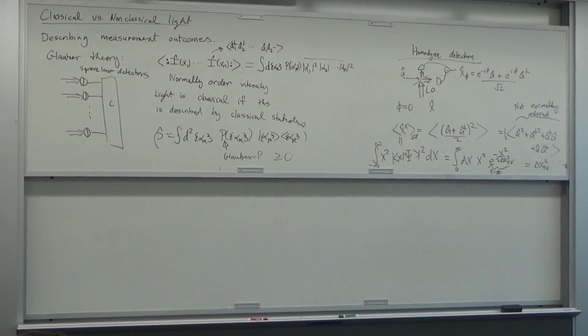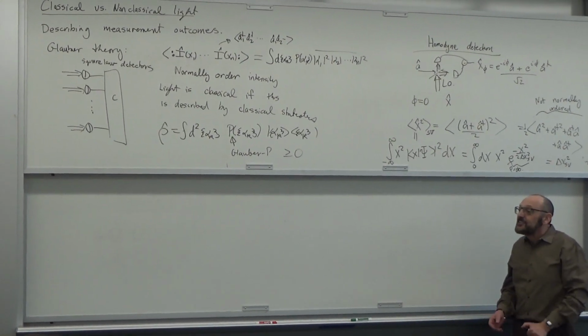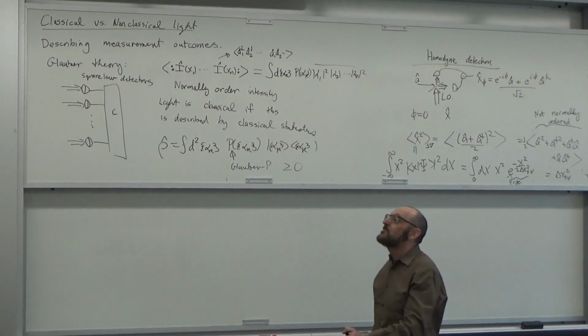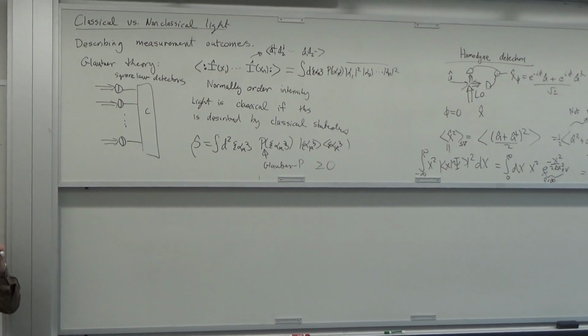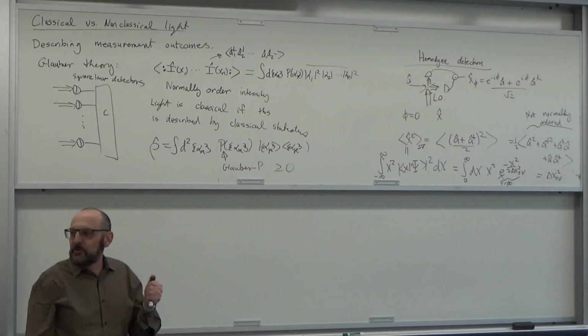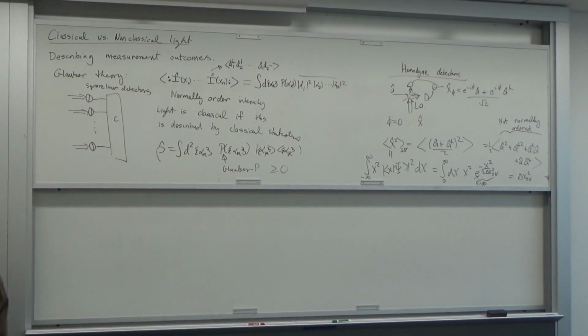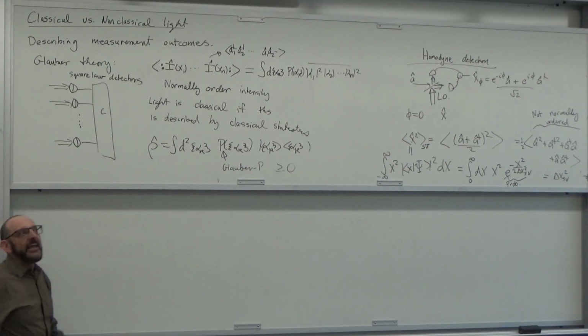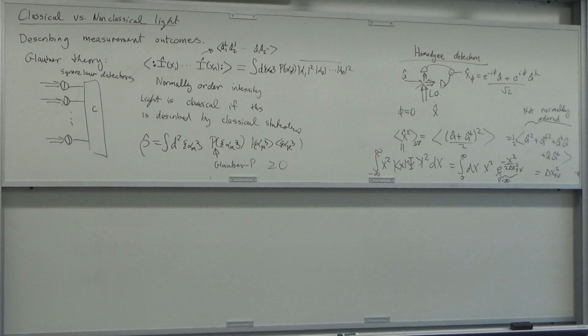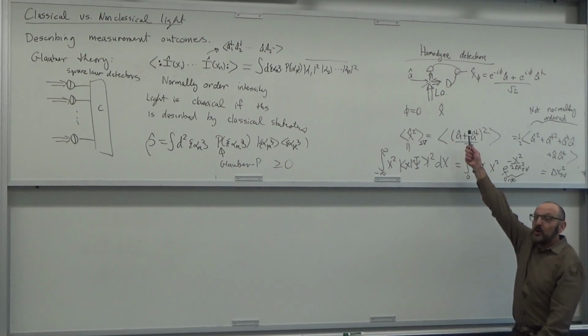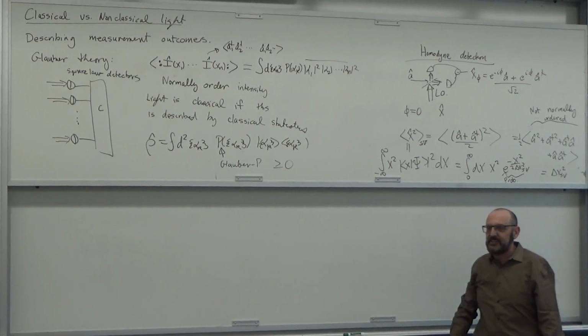So the moral of the story here is you can't talk about something being classical or non-classical unless you're asking with respect to what kind of measurement you're doing. Squeezed light is non-classical with respect to photon counting, but it's completely classical with respect to homodyne detection.